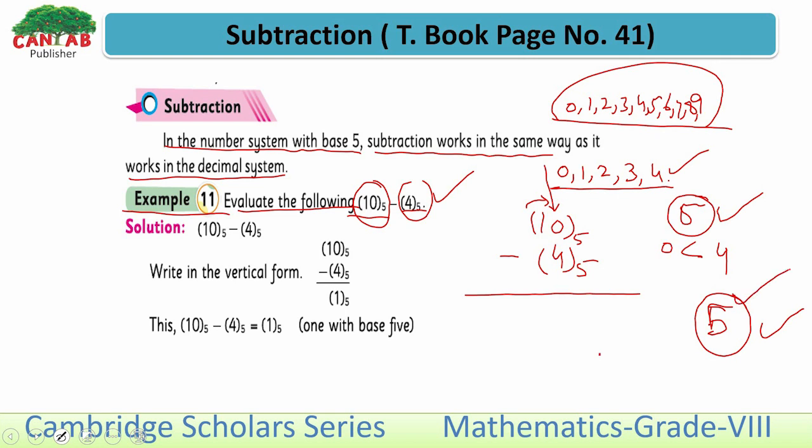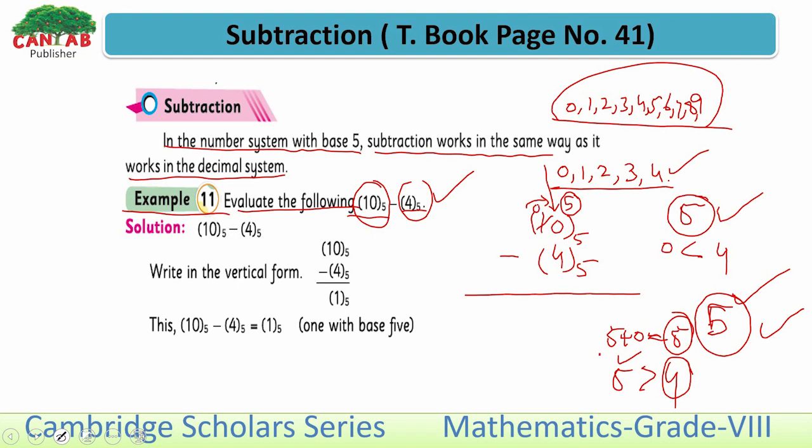When we borrow 5 from the second column, the number in the first column becomes 5 plus 0, that is equal to 5. Now 5 is greater than 4. We can subtract 4 from 5. In the second column, we will subtract 1 from 1, that will be equal to 0.